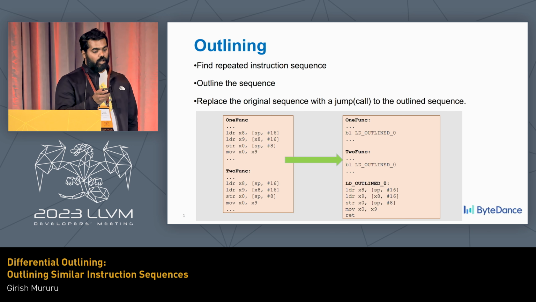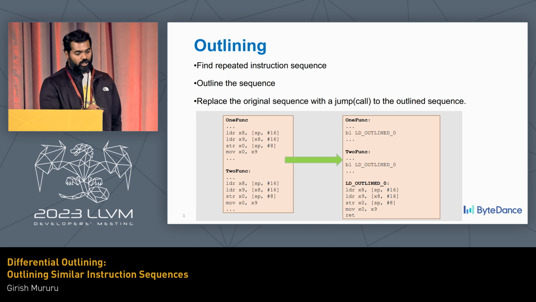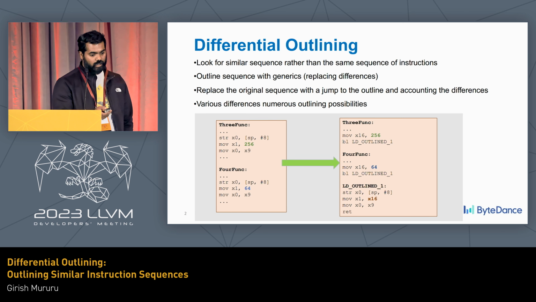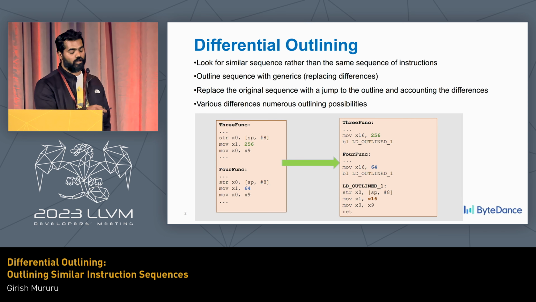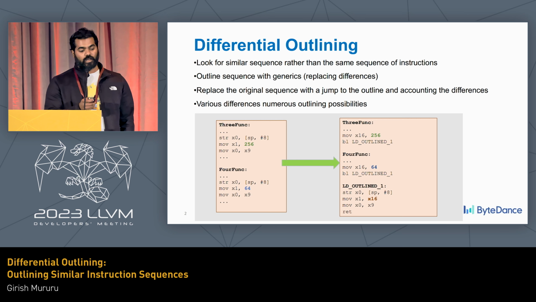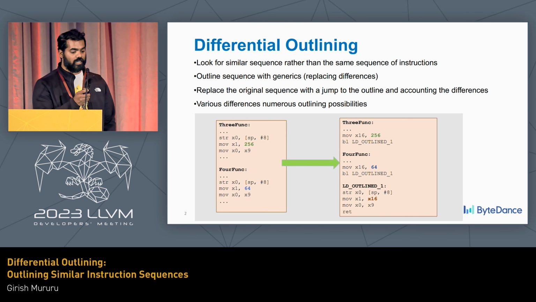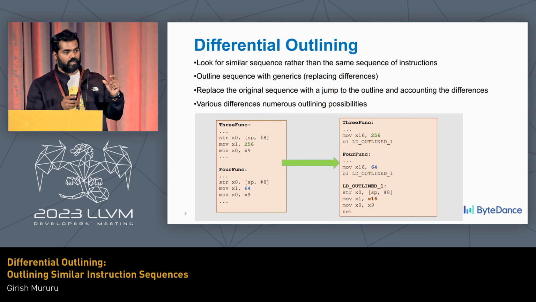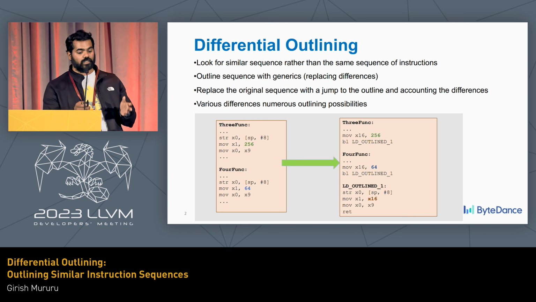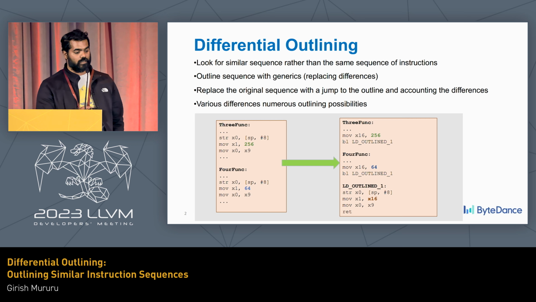So what I'm here to talk about is differential outlining, which is, while we looked at the same set of instructions in outlining, here we want to look at similar sequences of instructions rather than the same sequence of instructions.